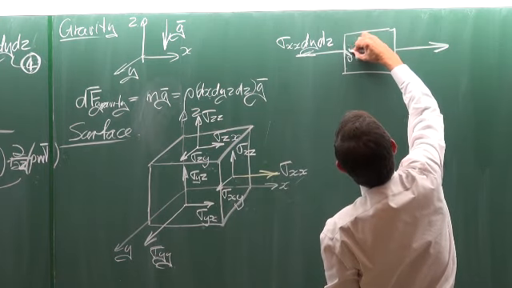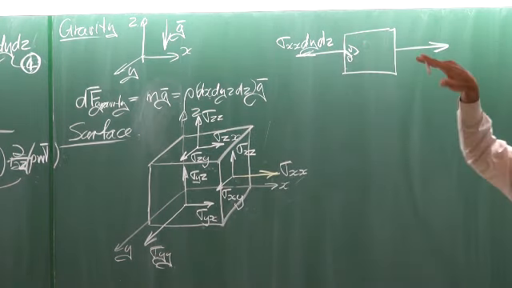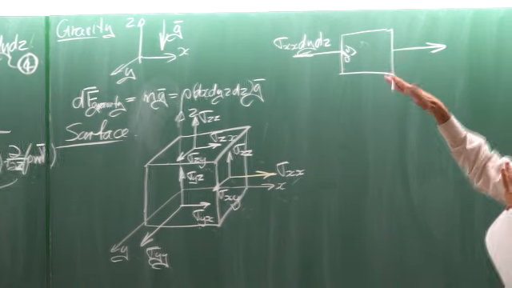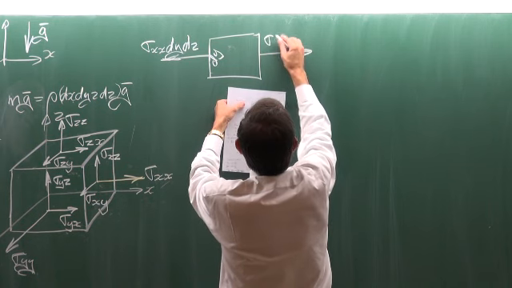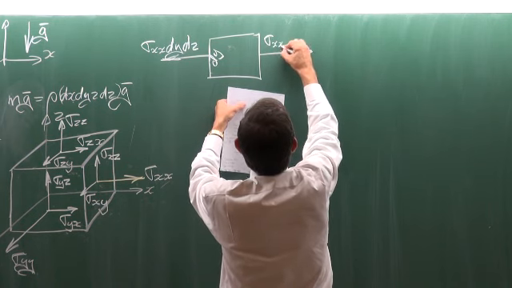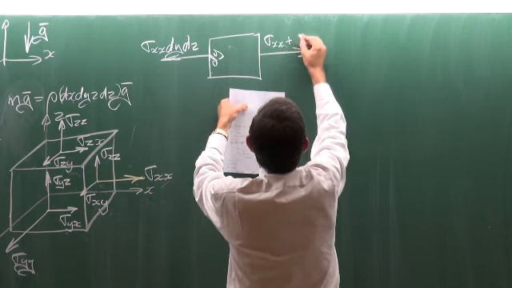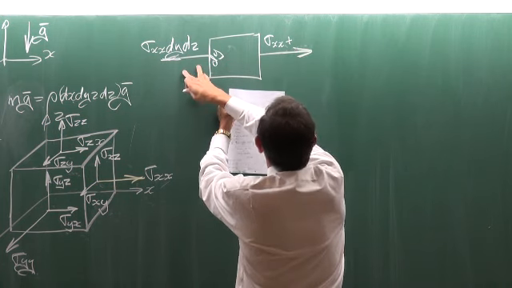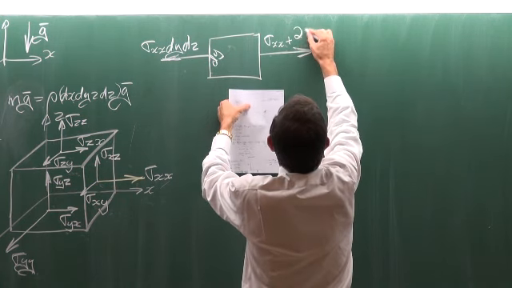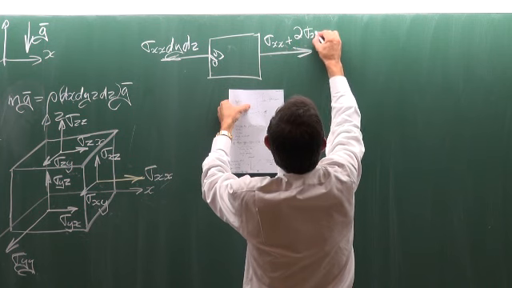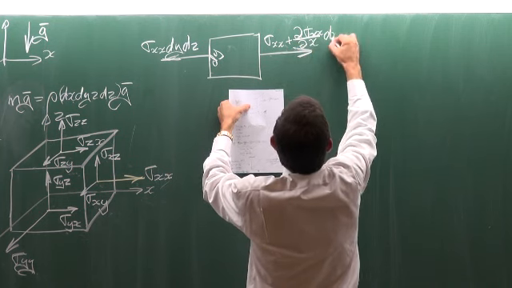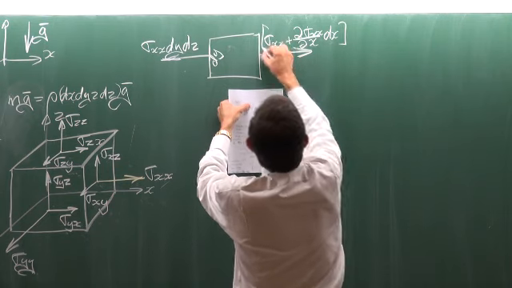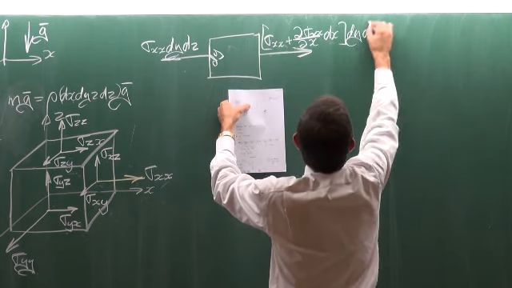Remember, dy and dz are in the direction of the board, that is the surface on which it works. Taking into consideration that differential approach, this one would be that plus the gradient, and everything multiplied by dy dz.